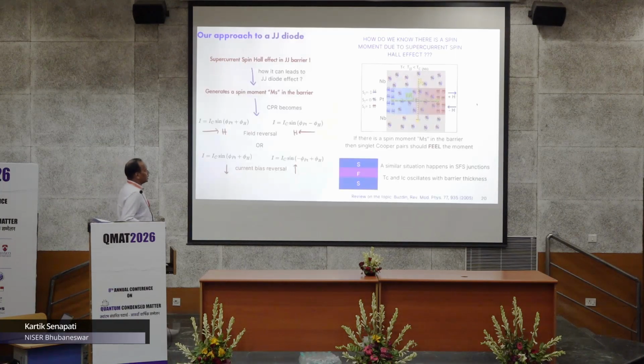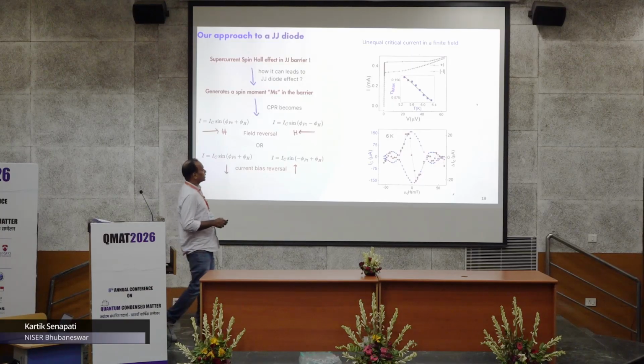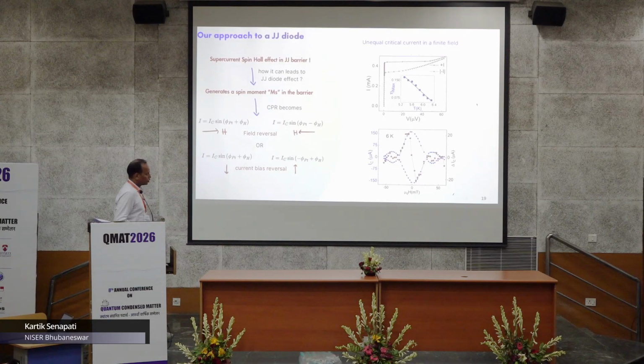Now, what we did is measure it in different magnetic fields. This is the critical current measured as a function of magnetic field for a particular thickness of platinum, which is the barrier. If we subtract the minus critical current from the plus critical current, there is a finite difference.